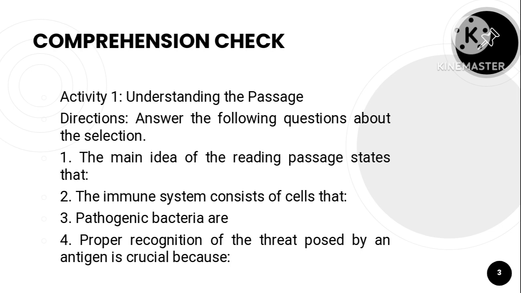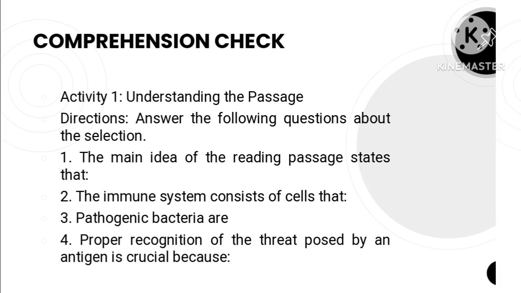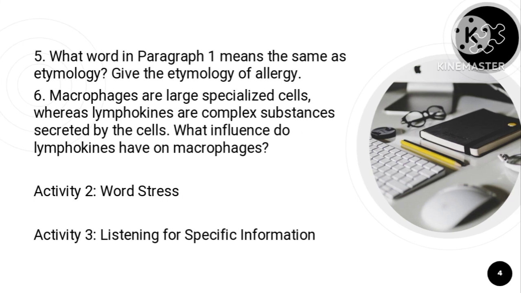The first one is, the main idea of the reading passage states that. Then, the immune system consists of cells that. Next is, pathogenic bacteria are. Number 4 is, proper recognition of the threat posed by an antigen is crucial because.